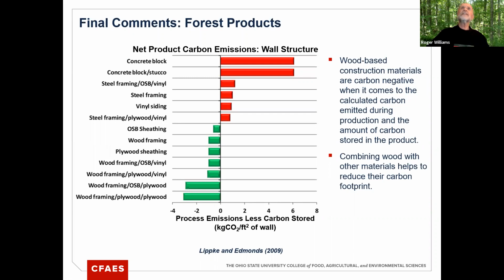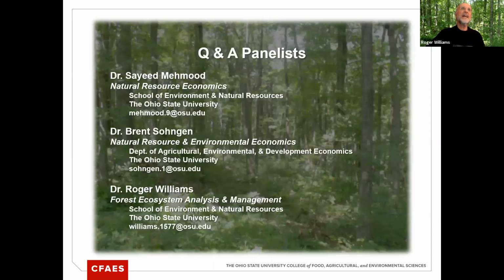In other words, there is more carbon stored in the product than what is emitted in its manufacture, okay? So, wood products, obviously, and I think all of you know that, are more carbon neutral than any of the other construction materials.